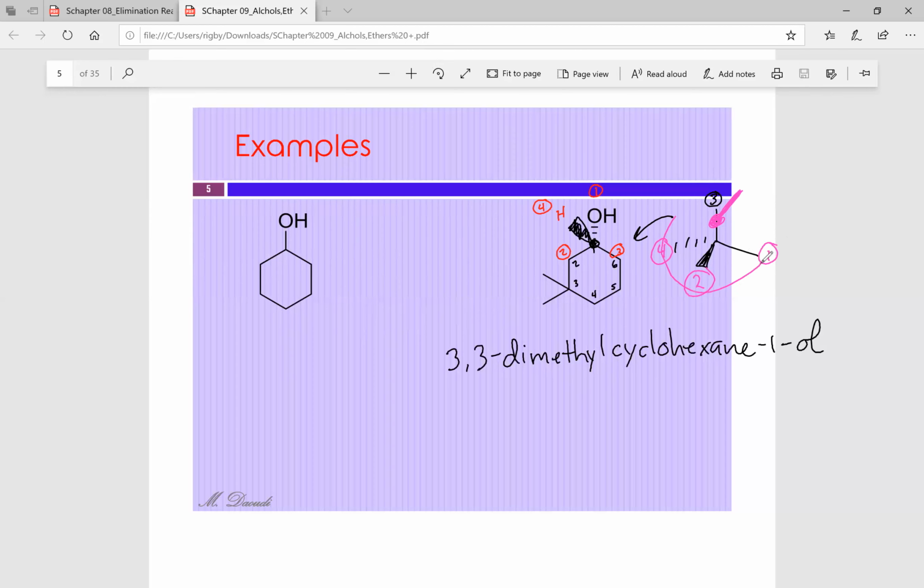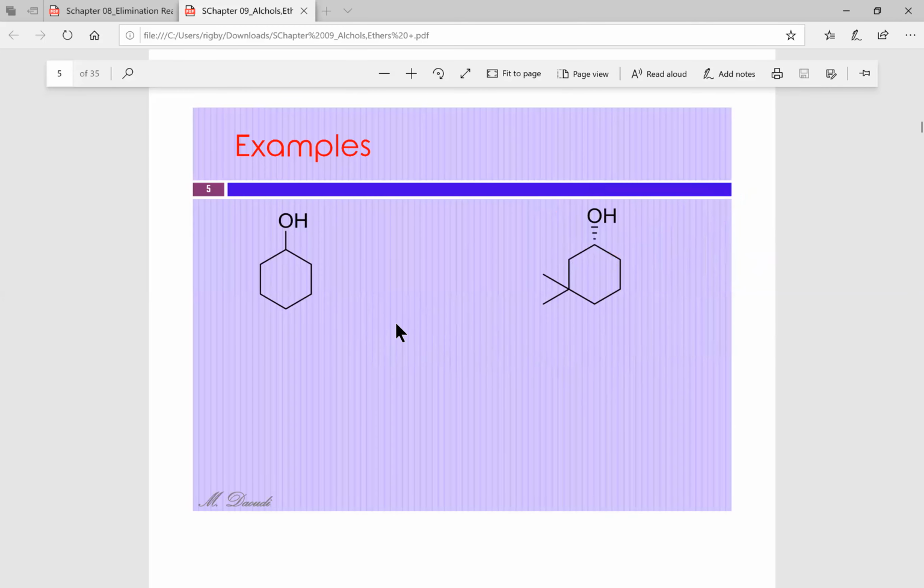And then we see that our stereochemistry is going to be R. So that was just a quick refresher on how you do RS configurations when the lowest priority group is in the front or not in the back. So this would be an R-3,3-dimethylcyclohexane-1-ol. Okay? Perfect.